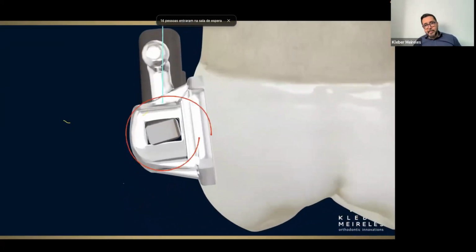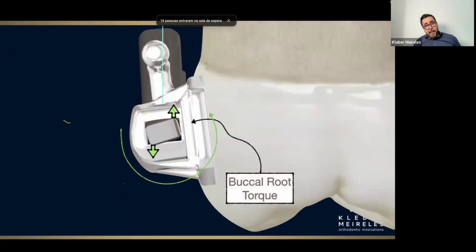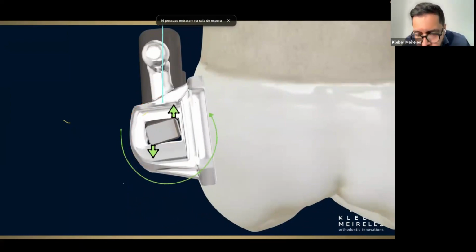And now I have a couple, and I can do everything in advance. I apply the couple before even applying this intrusive force, and then I apply the intrusive force to have a more controlled intrusion.